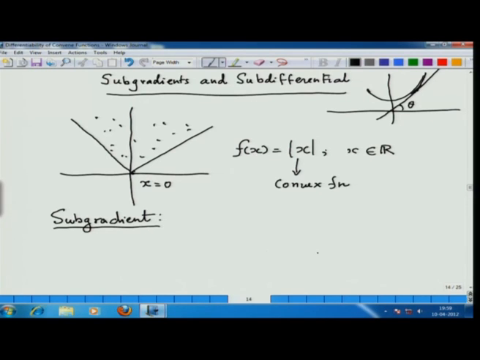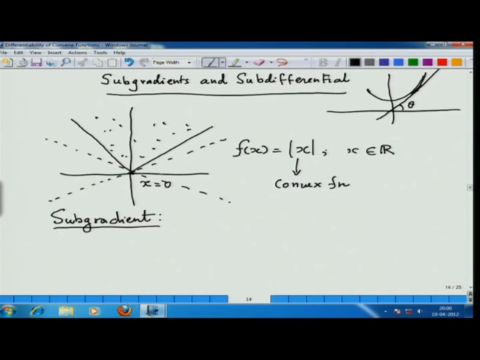Here we cannot talk about such a single nice tangent, for example, at x equal to 0. You can say, okay, this line is a tangent, this line is a tangent, equally correct, because they are not touching the body of the epigraph, and they are just touching the curve at only one point, x equal to 0.